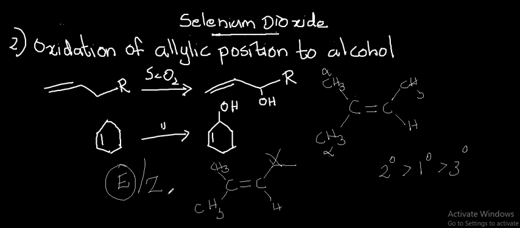For example, in this case, we can say this carbon will get oxidized, and here there are two CH3 groups. Which CH3 group will get oxidized? According to the fourth rule, the E product will be preferred. So this CH3 group will get oxidized into alcohol. Then only we get the E product.